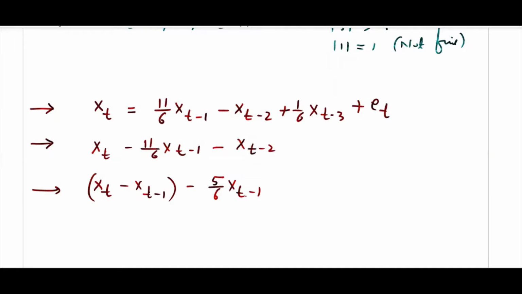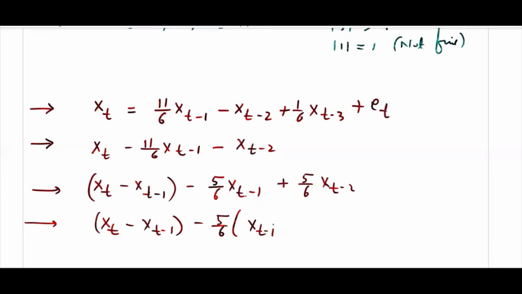We need 5 upon 6 X_{t-2}, plus. Now you check that we have X_t minus X_{t-1}, and then minus 5 upon 6 X_{t-1} minus X_{t-2}. Yeah, this is also fine. How about this? I have taken 5 upon 6, 1 upon 6 remains.